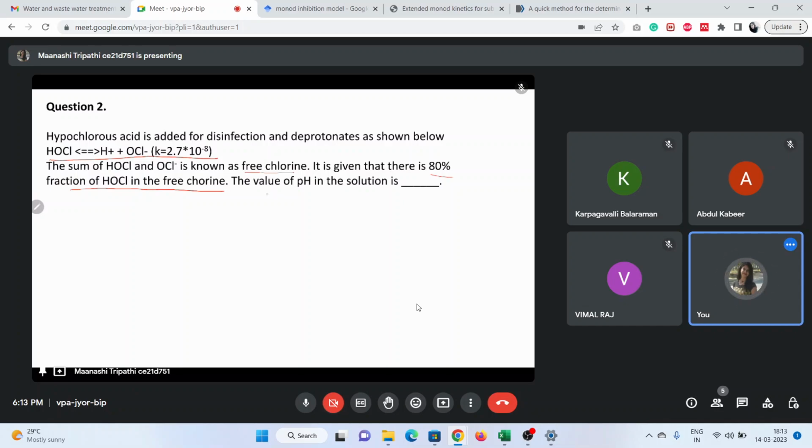What is the pH value of the solution? This is a numerical question and it's very simple. You have the pKa value, and you need to calculate the pH. You can use a well-derived equation. So please try to answer this question, then we will see the answer, and you can match your answer with that.